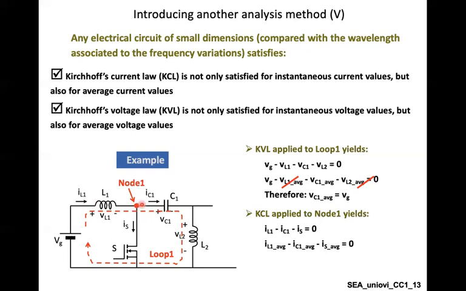And the current going outgoing from node number one is IC1 and IS. That leads to IL1 minus IC1 minus IS equal to zero. And again, knowing that in average condition the current flowing in a capacitor is equal to zero, that makes this current cancelled, and that makes IL1 average equal to IS average.